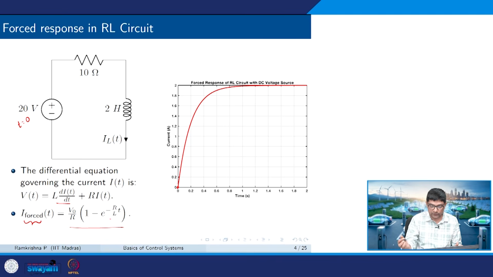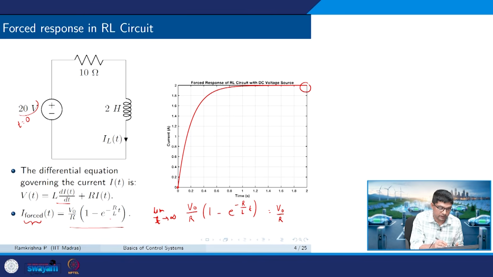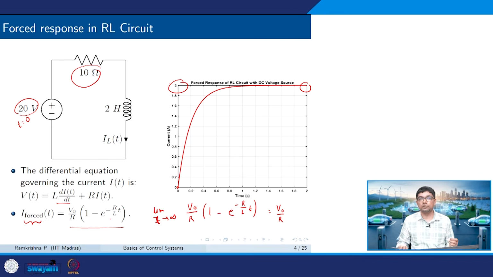And as t becomes very large, I look at the limit of I as t goes to infinity, V 0 by R times 1 minus e power minus R by L t. This becomes just V 0 by R. That is the value here. What is V 0 here? 20, R is 10, V 0 by R is 2. So, this is the forced response of a system.